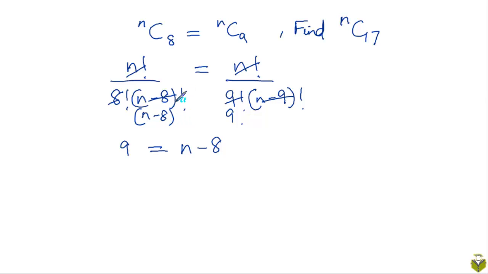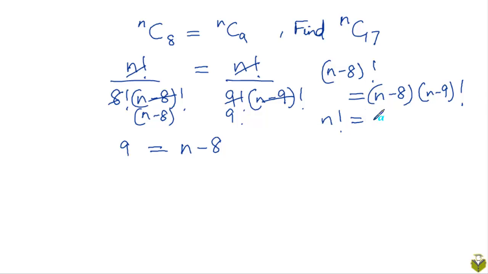Because N minus 8 factorial is N minus 8 multiplied by N minus 9 factorial. This is just the application of the formula that N factorial is the same as N into N minus 1 factorial. So this is standard, and now we know that N is equal to 17, right?